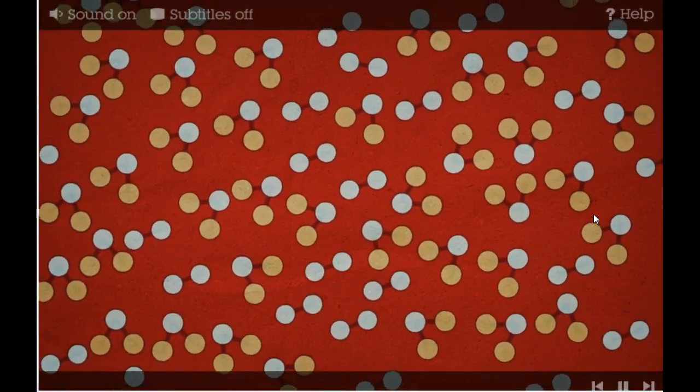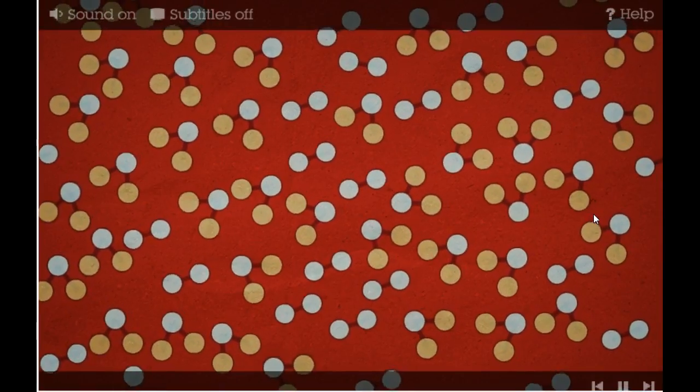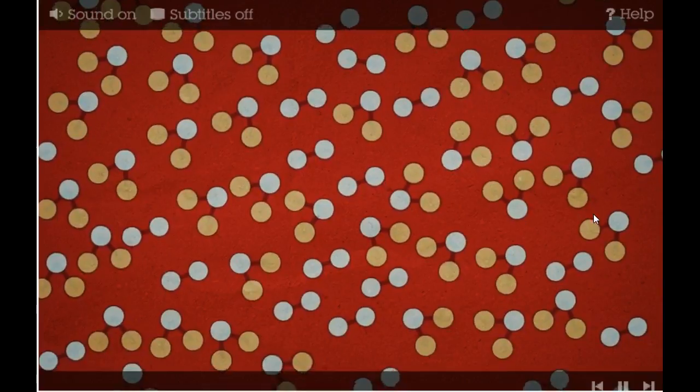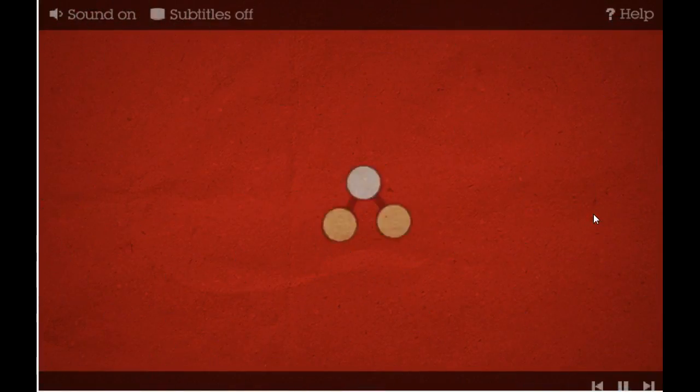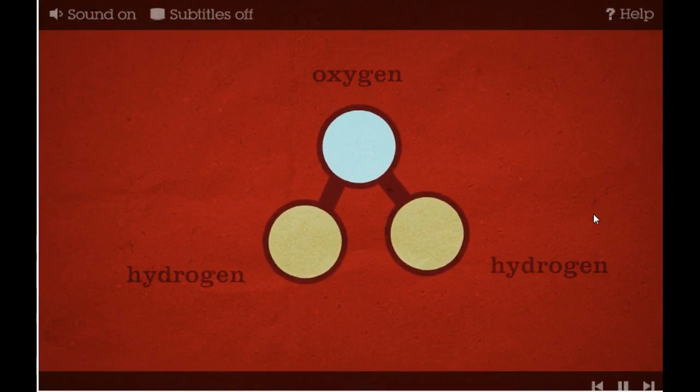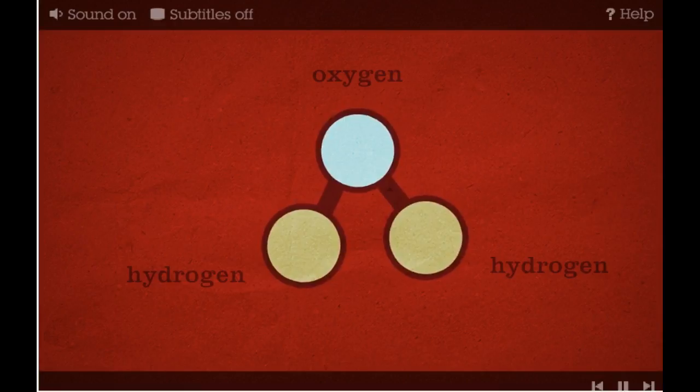Explosive. That reaction created a lot of energy. It also gave us these molecules with one oxygen and two hydrogen atoms. See them? Hydrogen and oxygen were gases at room temperature, but bonded together, they become an entirely different compound, water. Yes, this is a molecule of water.